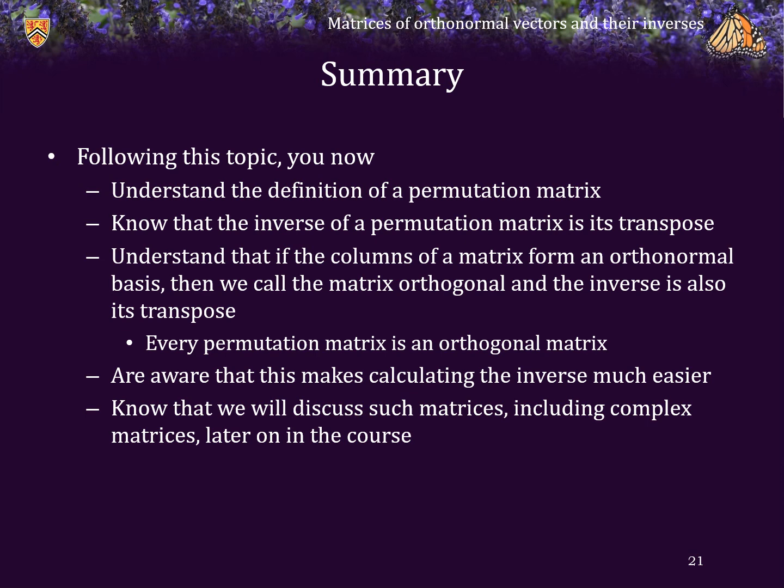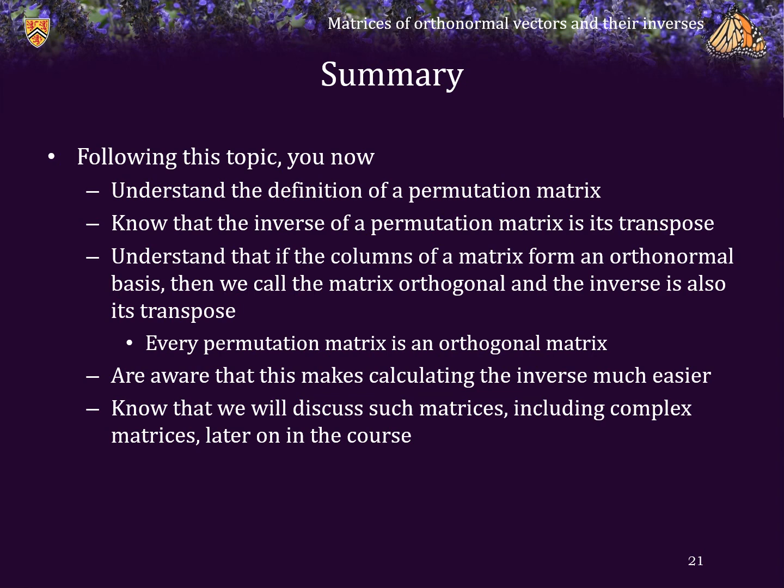Consequently, following this topic, you now understand the definition of a permutation matrix. You know that the inverse of a permutation matrix is its transpose. You understand that if the columns of a real matrix form an orthonormal basis, then we call the matrix orthogonal, and the inverse is also that matrix transpose.